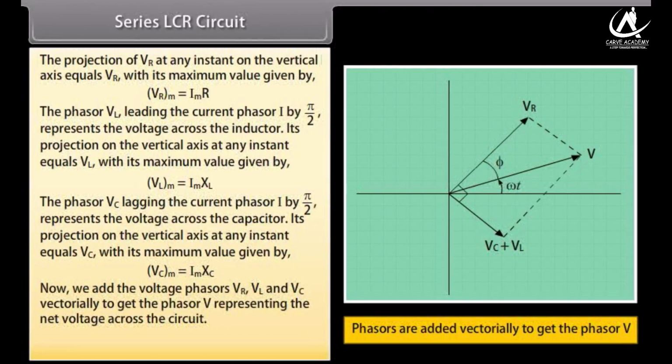Now, we add the voltage phasors VR, VL and VC vectorially to get the phasor V representing the net voltage across the circuit. Vm = under root of VRm square plus (VCm minus VLm) square.